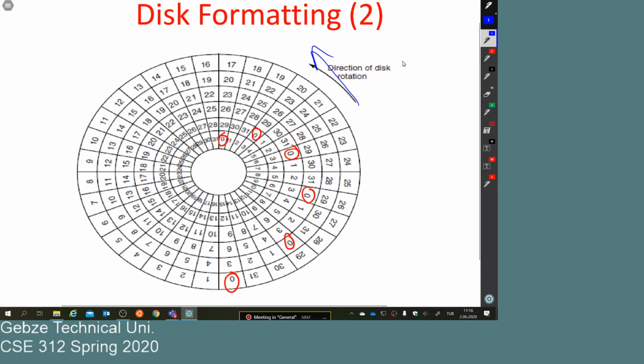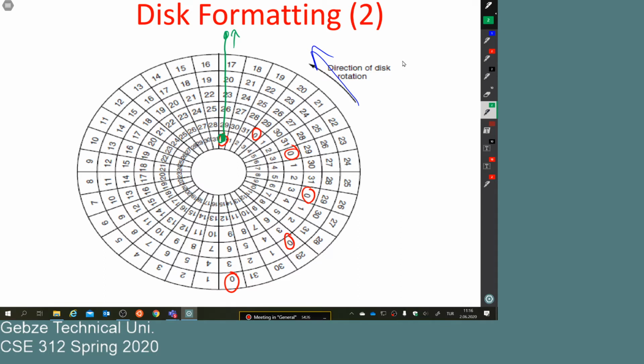I read 0, 1, 2, 3, 4, up to 31. After I read 31, I like to continue reading. So I need to move my head. Let's say my head is here. This is my disk arm. I need to move my head to the upper track.